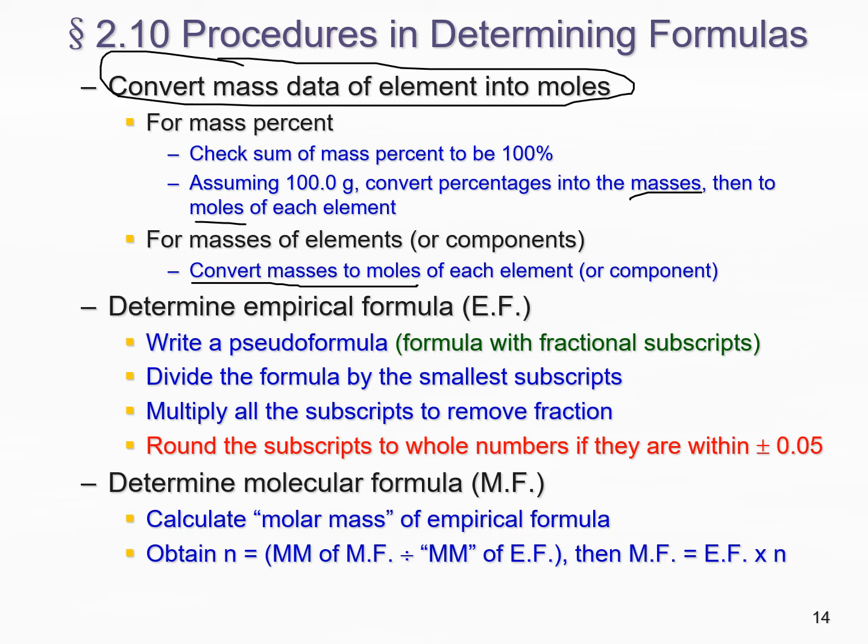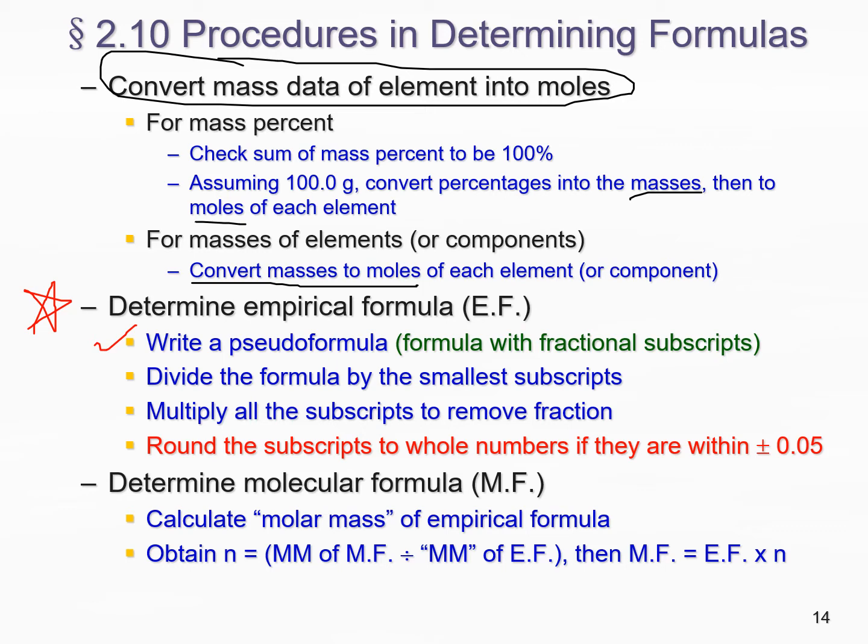That is only 1/3 of this process. However, it is this process that is most important in this procedure to determine the empirical formula, because we need to follow the steps one by one without any alteration. First, we write a pseudo formula.